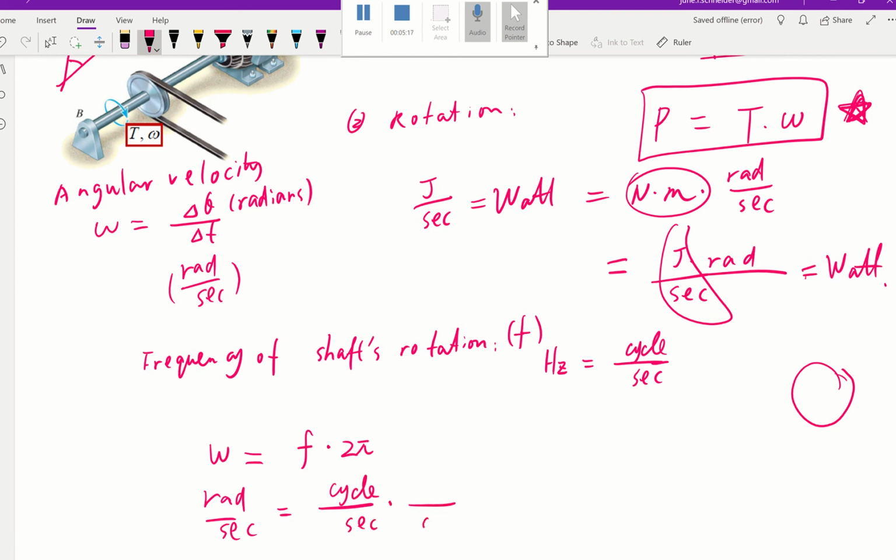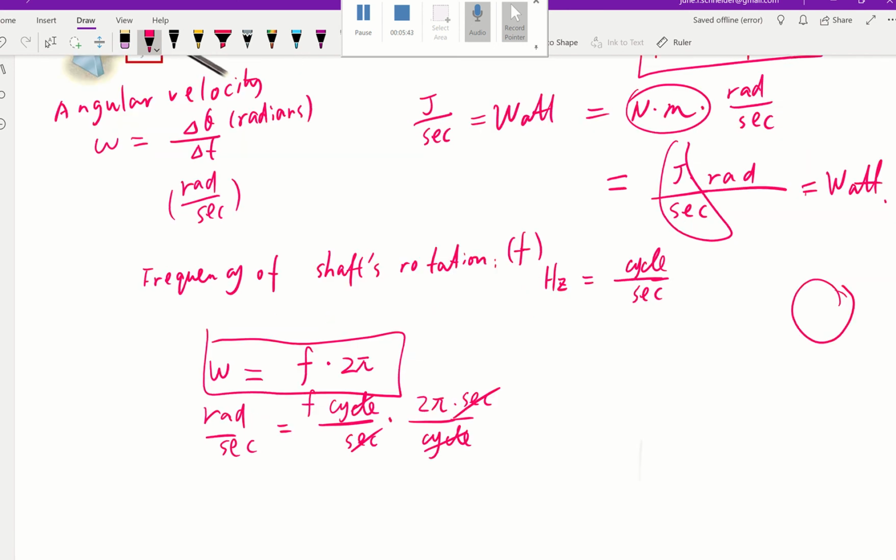Each cycle is 2 pi radians. So omega is equal to 2 pi times f. That's the expression to convert frequency to angular velocity in radians per second.